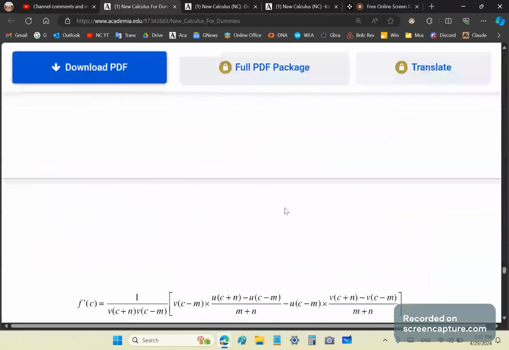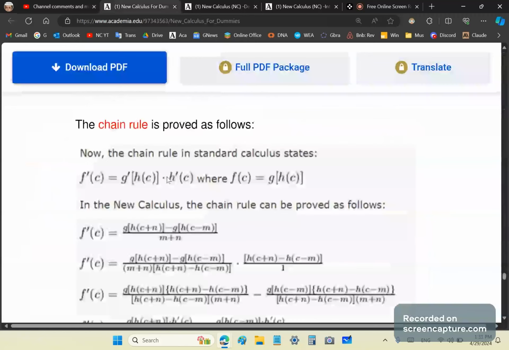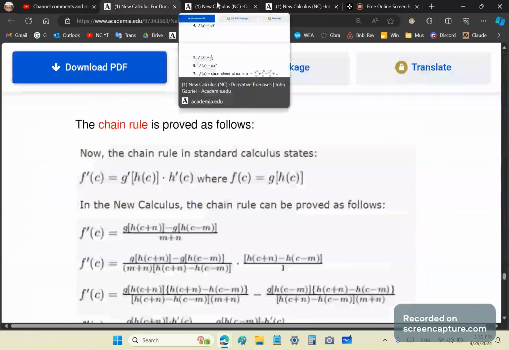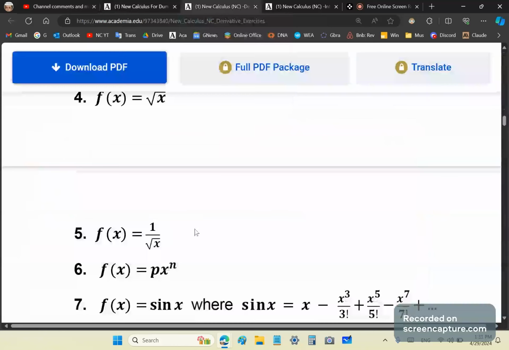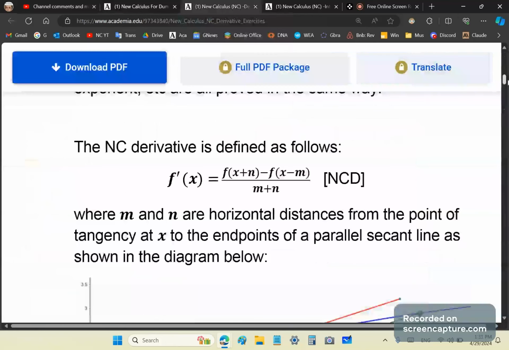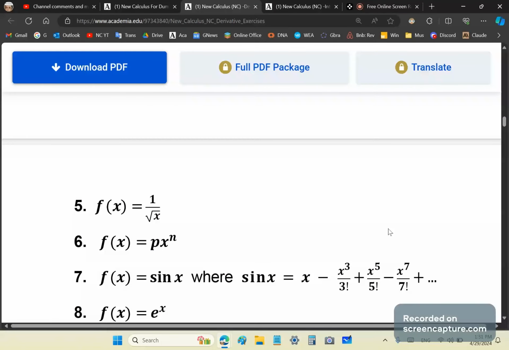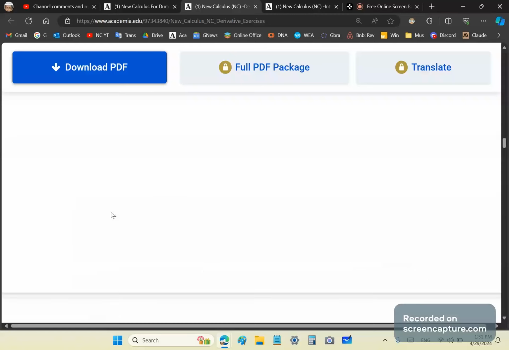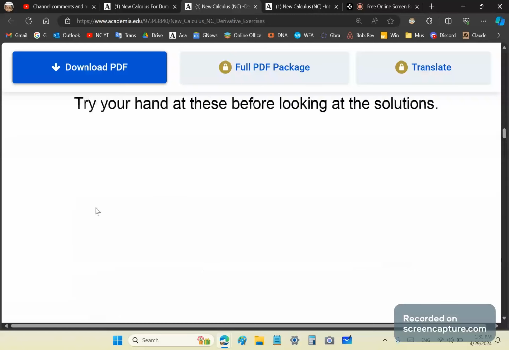So this here is an old article in the new calculus, and in this new calculus derivative exercises on academia.edu as well, I go through a few examples and I show you how to do all these common functions, right?